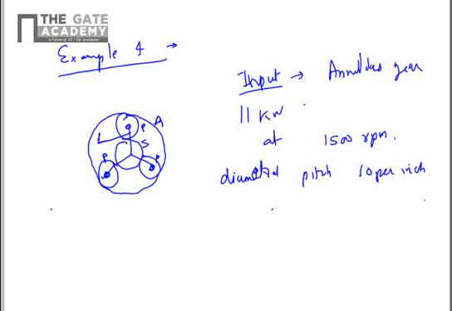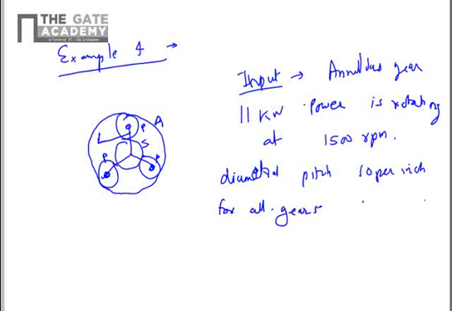So in this problem, the given quantities are that the input power transfer is from the annulus gear at 11 kilowatt power, and the annulus gear is rotating at 1500 rpm. Then the next information given is that the diametral pitch is 10 per inch for all gears.